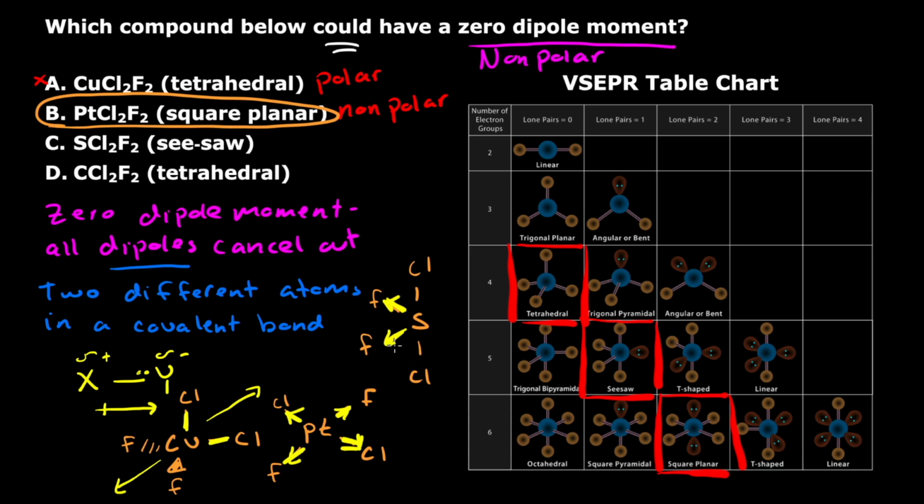And so in order for us to cancel this one out, we would need one that's going to go down and to the right, or at least how I drew it like this. And so this one would also be a polar molecule. This one will be polar. And then the tetrahedral, that's going to be the same as A, like we already explained, so it can't be D either. And so the answer choice that you want to pick is going to be B.